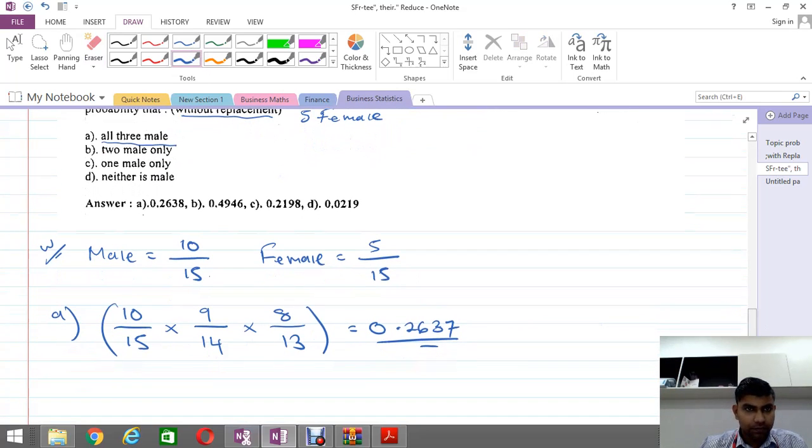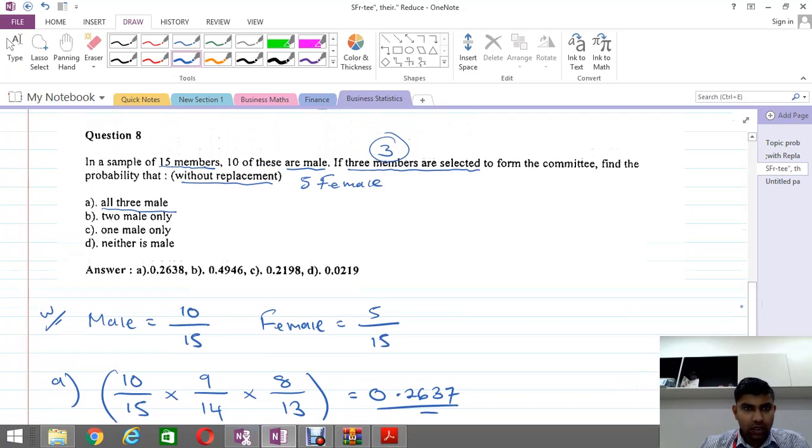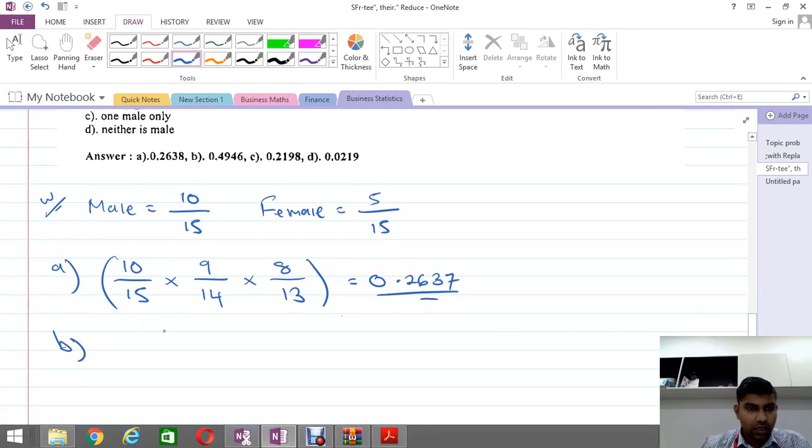Okay, now B, if you look at it, now it's 2 male only, there's only 2 male. Okay, 2 male, so you start with 10 over 15 times 9 over 14, then it goes to what? Female, but in total it has to be reduced, so 5 over 13.